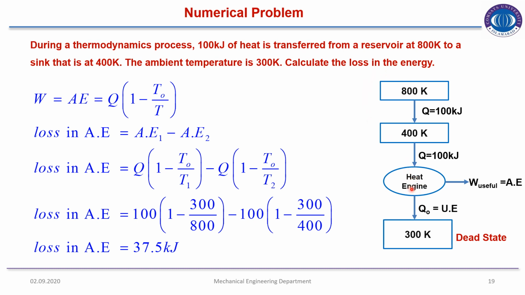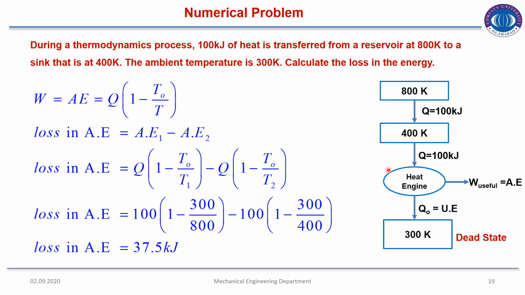Initially the heat engine was connected to the 800 Kelvin reservoir, and then in case 2 the heat engine is connected to the 400 Kelvin reservoir. We want to calculate the loss of exergy when the heat engine is connected to 800, and then the value of available energy when it is connected to 400.